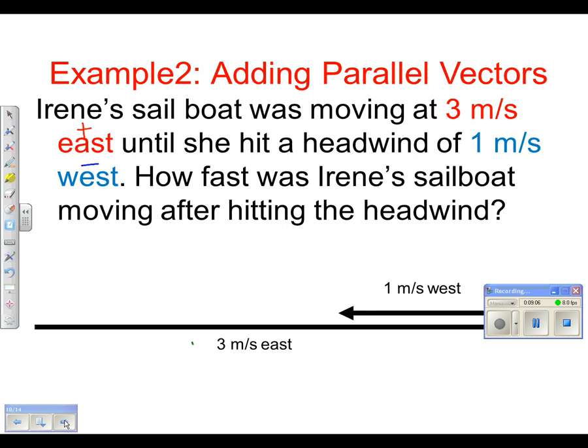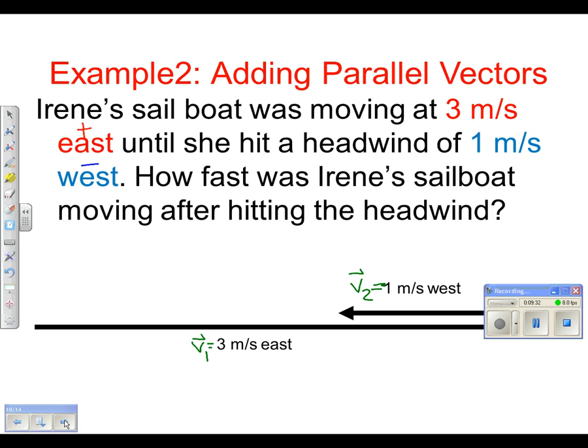So here's her velocity. And then the wind is blowing her back at a negative 1 meter per second west.